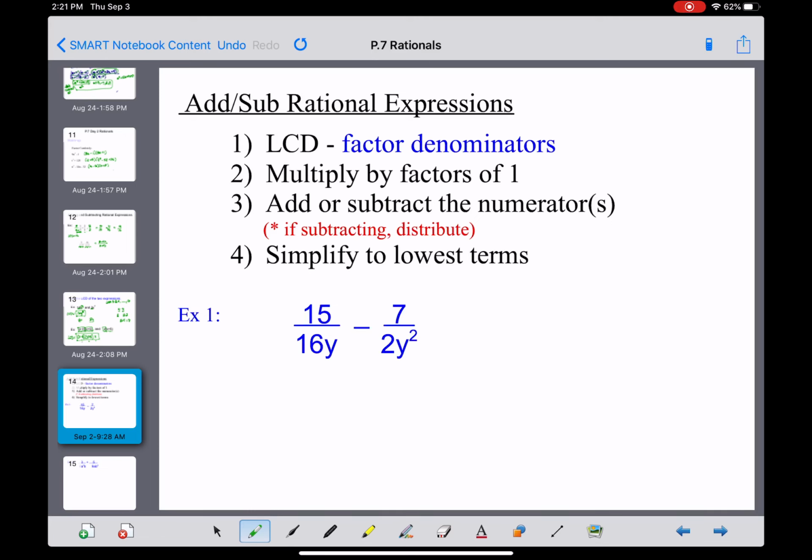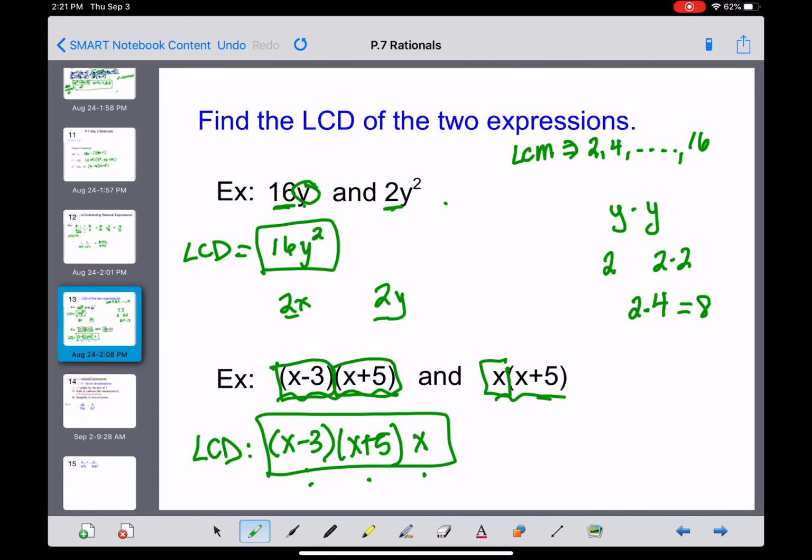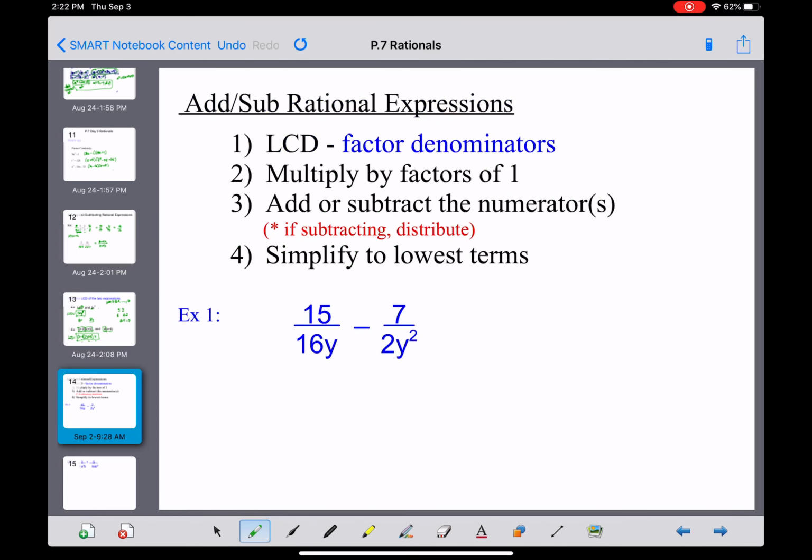Okay, so if you notice, 16y and 2y squared, we actually did that in that first example. So my LCD is 16y squared. Okay, so then I want to multiply by factors of 1. So I want to multiply each fraction by what's missing. So in my LCD, I have a 16y squared. Okay, I have a 16 here, I have a y, but I need another y. So I'm going to multiply by y over y.